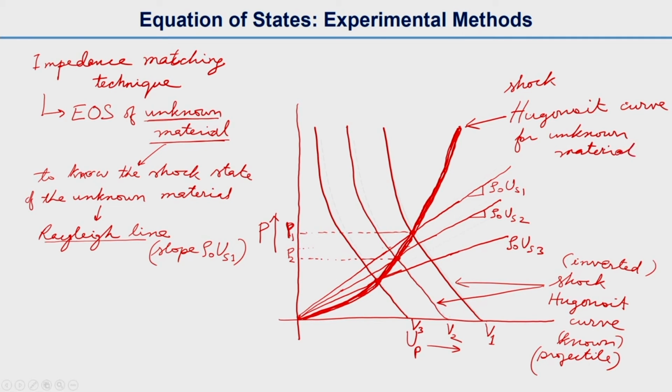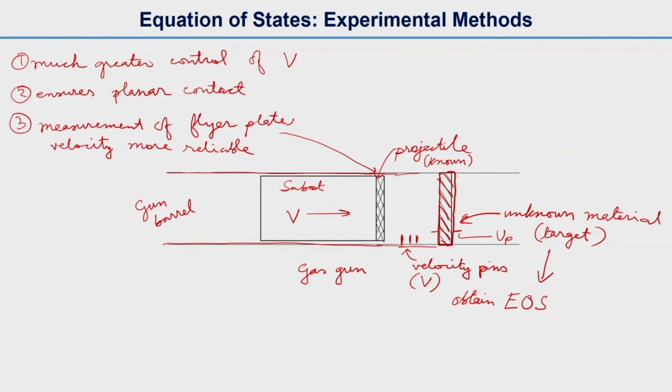So, what we found, we want to summarize this. What we wanted to know is the equation of state of the unknown material, and that will be given by this shock Hugoniot curve with the thicker line. This is pressure versus particle velocity. First, let us remember the previous slide.